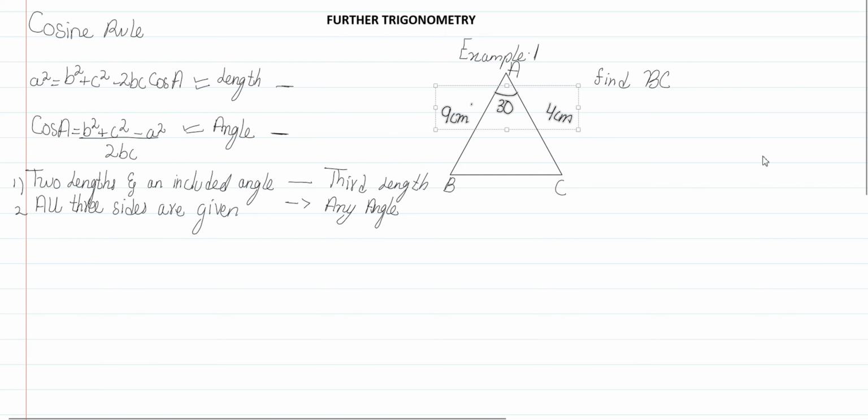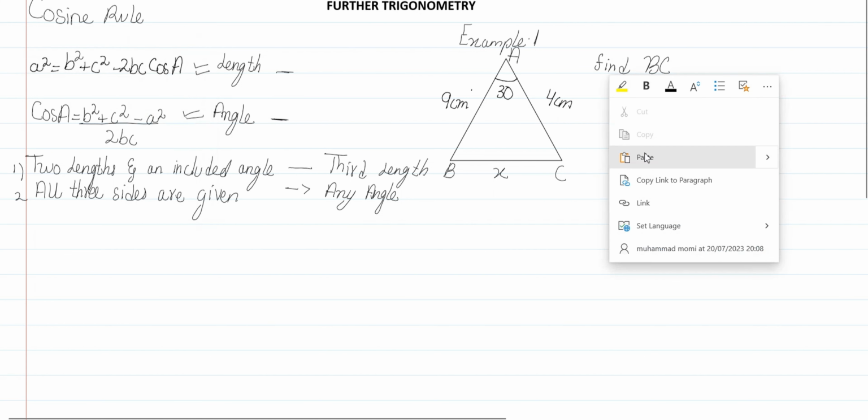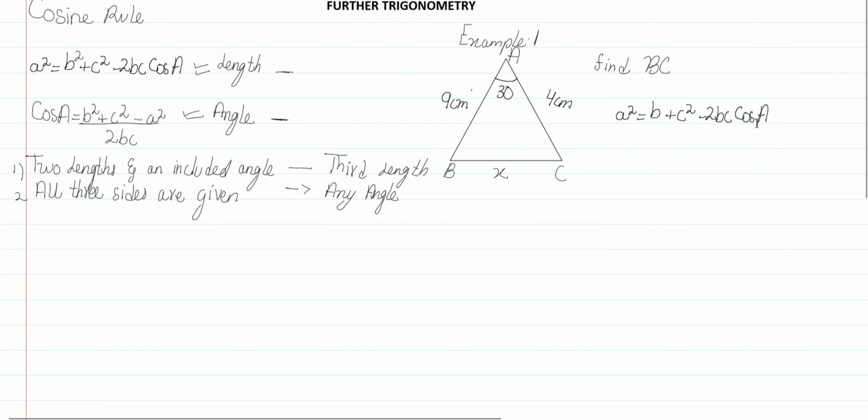So that's why we are using the cosine rule, and you have to find the length of BC, that is this x. First just copy and paste the formula here: a squared is equals to b square plus c square minus 2bc cos a.